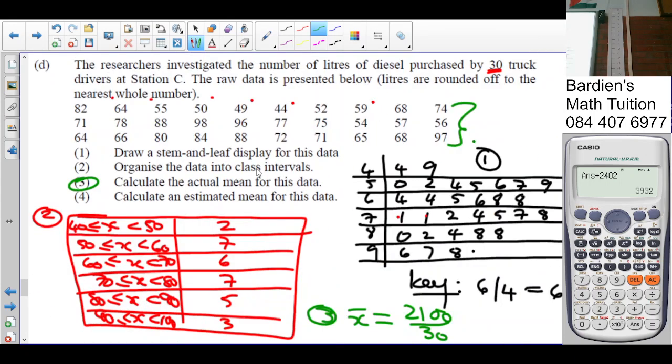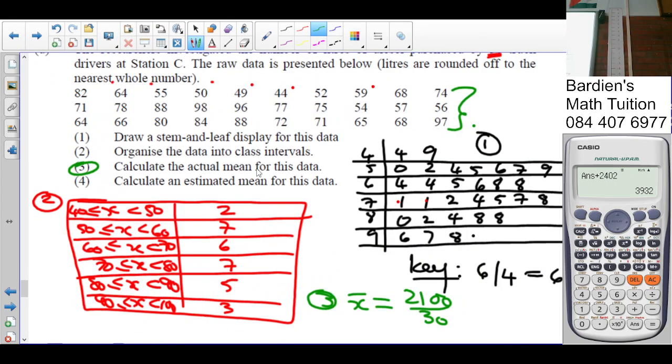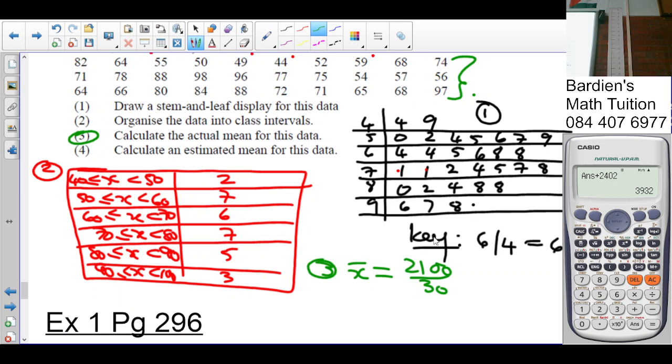So when you're going to work out your actual mean here, we must say 82 plus. Did somebody read out numbers for me? It's 82 plus. 50. Gabby's reading. Carry on. 49. 44. 52. 59. 68. 74. 71.